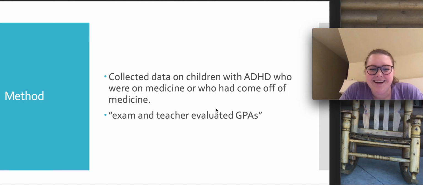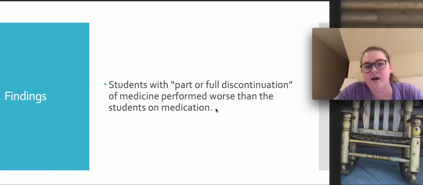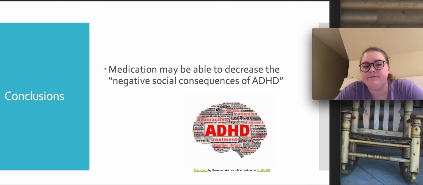Then they were also measuring exam and teacher-evaluated GPAs. So the independent variable is whether or not they're on medicine, and the dependent variable is the GPA. Their findings were that students with part or full discontinuation of their medication performed worse than the students on medication.